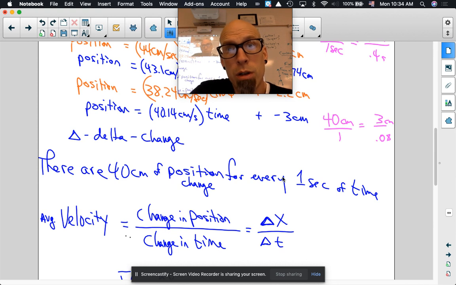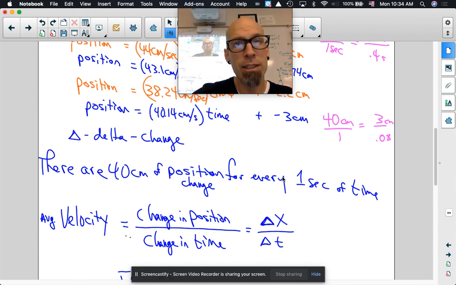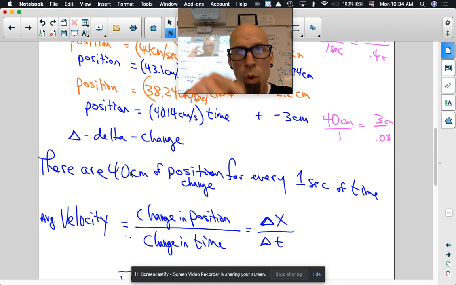And so then we're talking about, what does that even mean? Well, that's telling us what the buggy is doing. It's telling us how much the position changes every second, so that at 1 second, where would this tumble buggy be? 40 centimeters down the track. At 2 seconds, where would this tumble buggy be? Another 40, right? So total of 80.